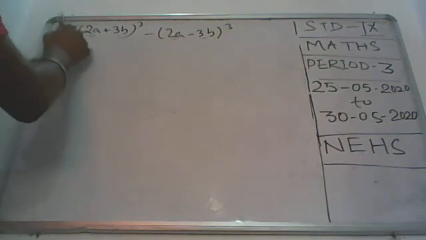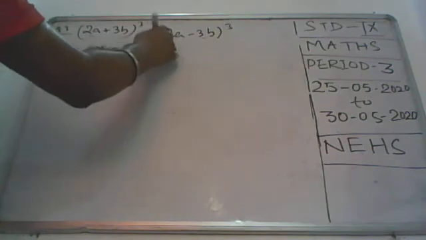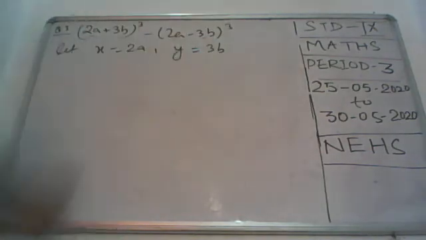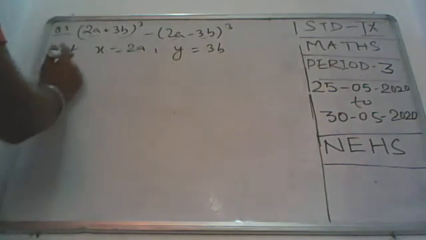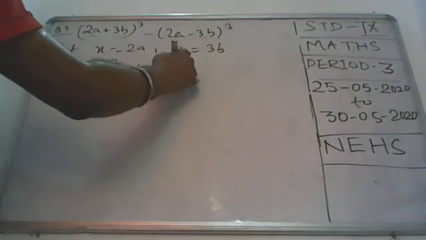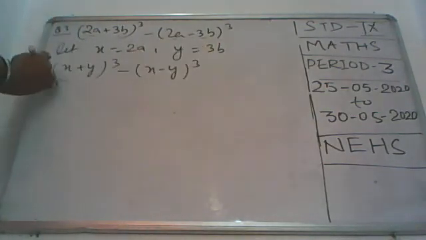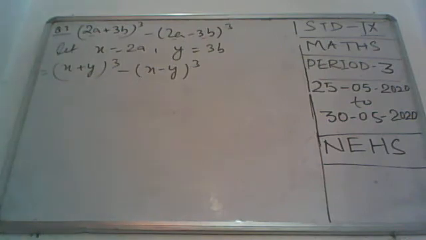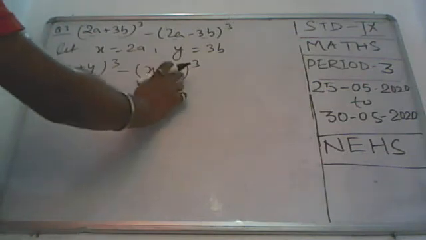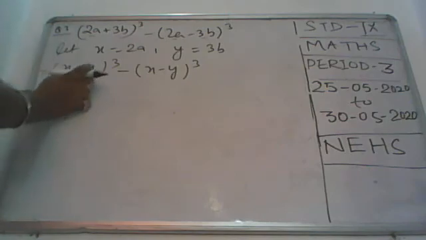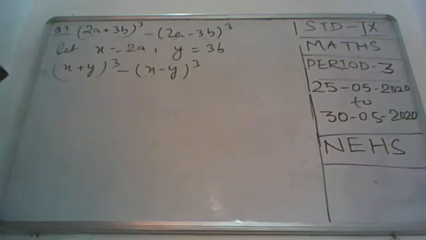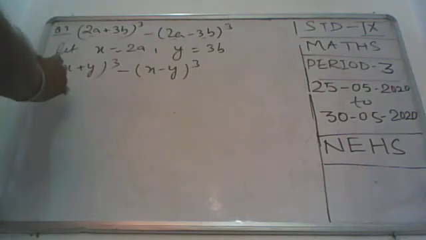So I can write, let x equal 2a, y equal 3b. So this can be written as x plus y whole cube minus x minus y whole cube. Am I right? Yes. Now we have x cube minus y cube, so it will become x minus y here.